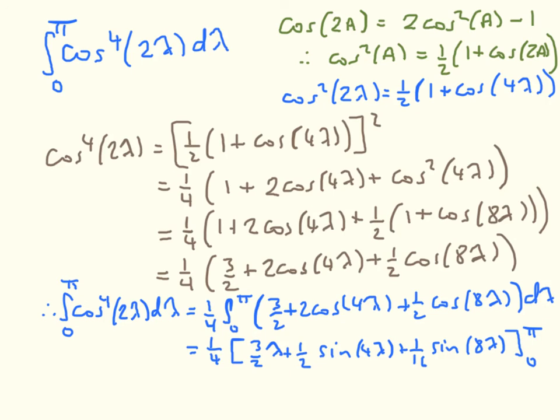So we have 3 over 2 times 4, that's 3/8 times pi. So our integral is therefore 3 pi over 8. And that is our result for the integral of cos to the 4th of 2 lambda with respect to lambda.